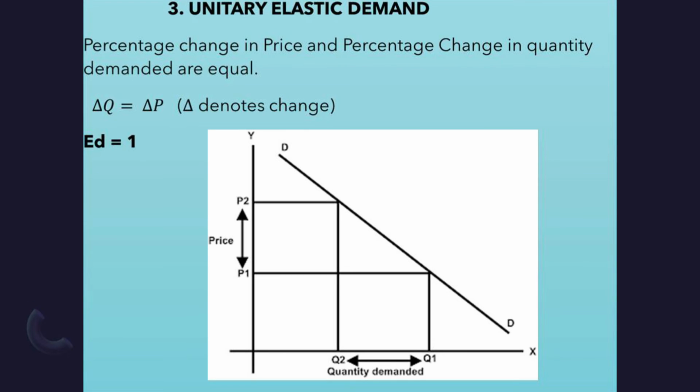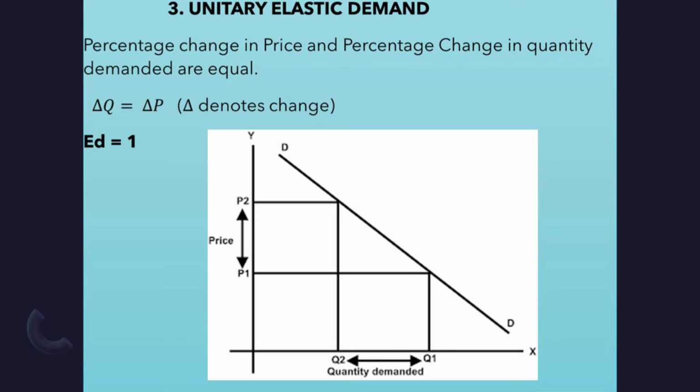The next is unitary elastic demand. As the word denotes unit, and unit is always denoted by 1 in economics. So when the percentage change in price and the percentage change in quantity demanded are equal to each other, that is, any change in price is equal to the change in quantity demanded, then that kind of demand is considered unitary elastic demand.